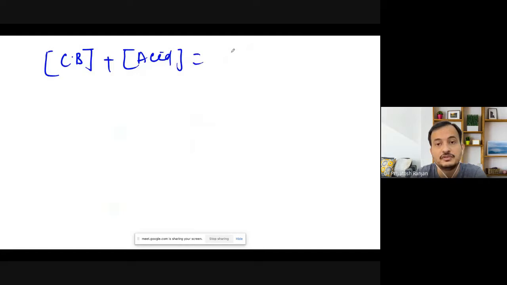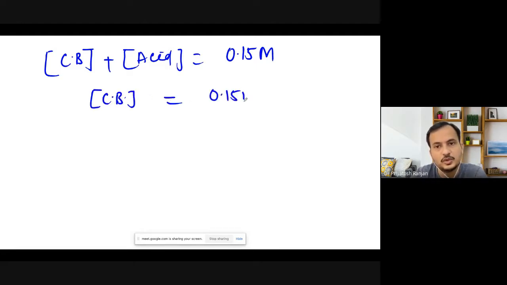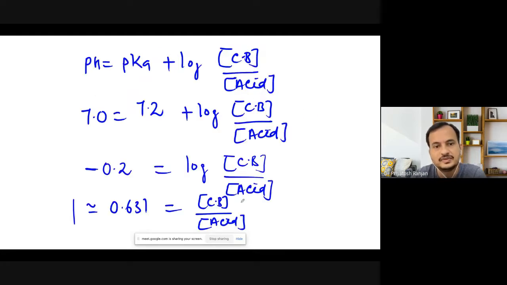So remember, the 0.15 molar phosphate buffer is going to comprise the conjugate base and its acid. Now I can write this equation as conjugate base equal to 0.15 molar minus the concentration of acid. Let's assume the concentration of acid to be X and put these values in this equation.